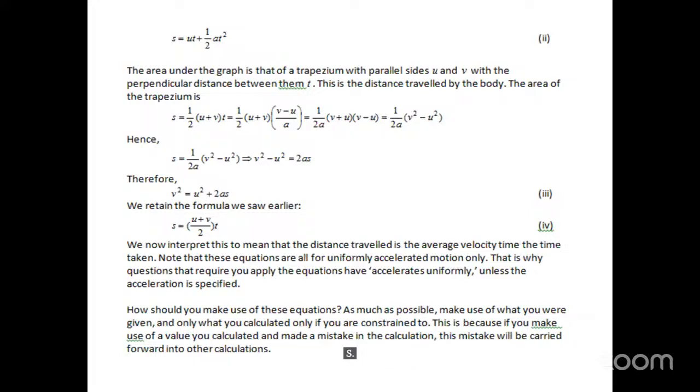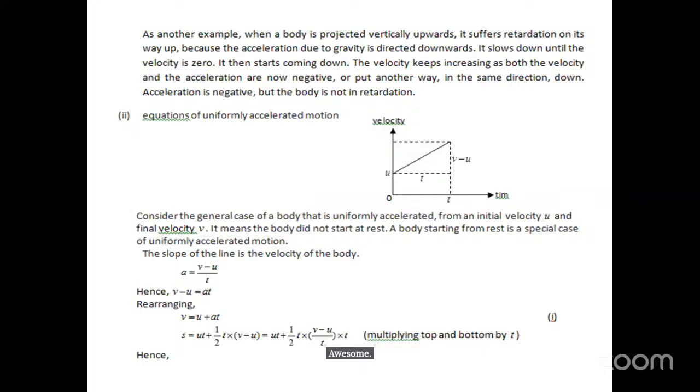Then retain the earlier formula, S equals U plus V over 2 times T. So we have all the 4 equations we needed for uniformly accelerated motion. Please note that these equations are true only for uniformly accelerated motion, because you assume the straight line graph.